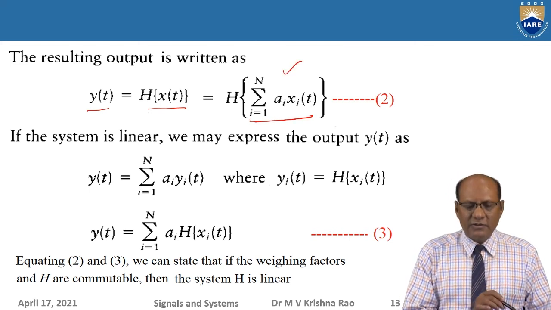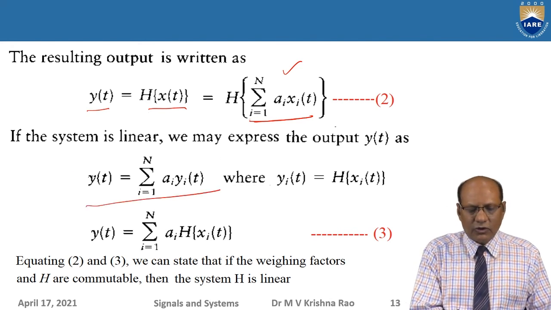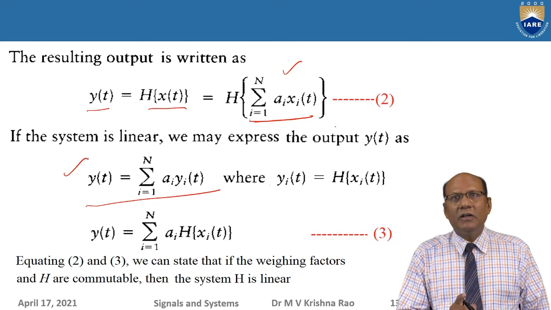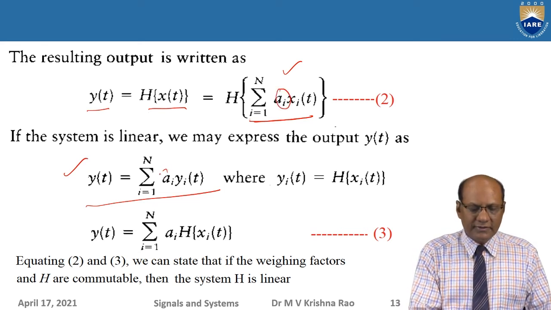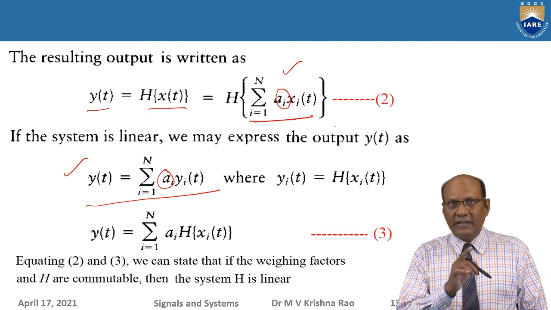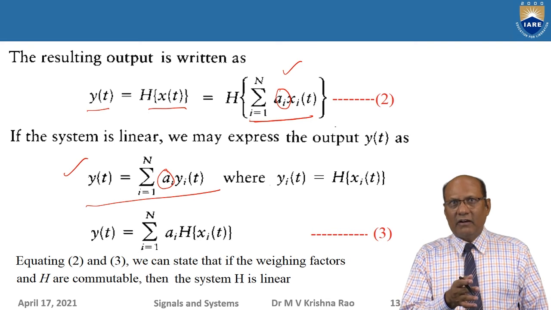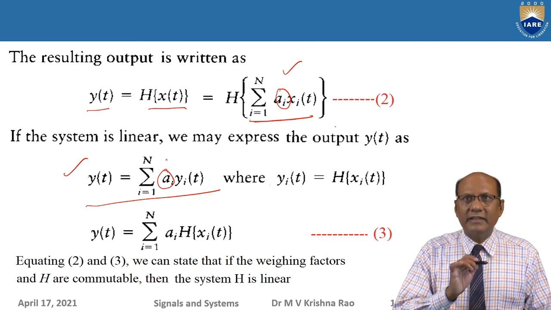Now, if the system is linear, we may express it with the same weighted sum. Whatever weights I have given for the inputs, the same weights I am using for the output summation also. If it is linear, because I don't know whether it is linear or not. Assuming that it is linear, the outputs will look like this.